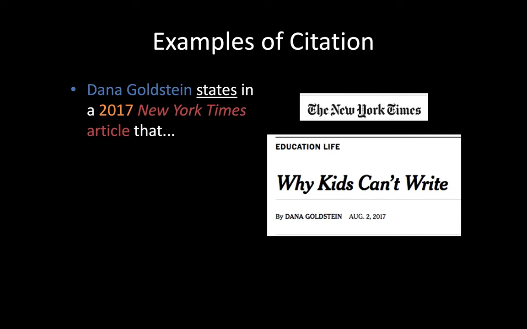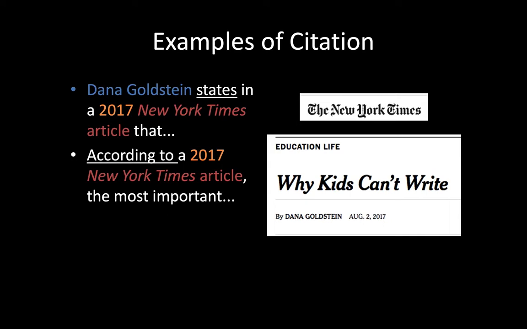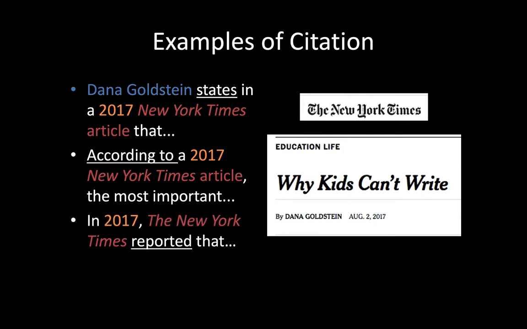So you don't necessarily need the name of the person who wrote the article. You could just say, according to a 2017 New York Times article, and then give your idea. You don't really need the name of that writer. Or another way you could say that: in 2017, the New York Times reported, and then give some facts from that. So again, the name of the author is not so important here. The New York Times gives it both credibility and a name. We just need to add the date.